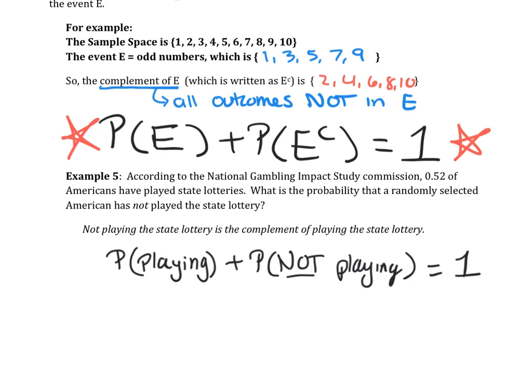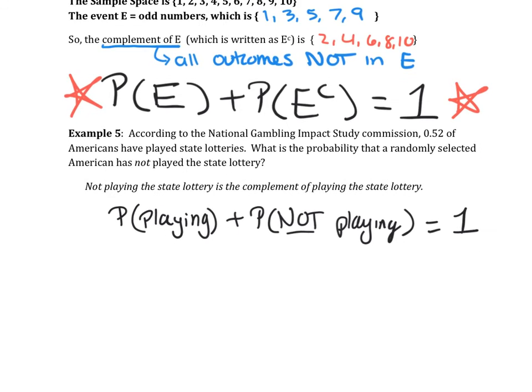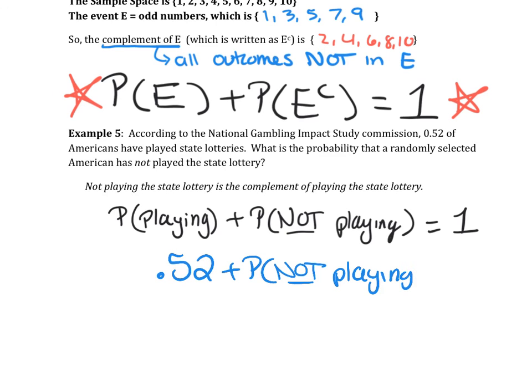They told us the probability of an American playing the lottery is 0.52. So to solve for that probability, you would just take 1 and subtract 0.52 from both sides.